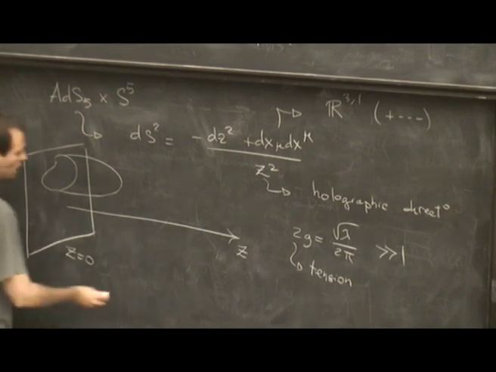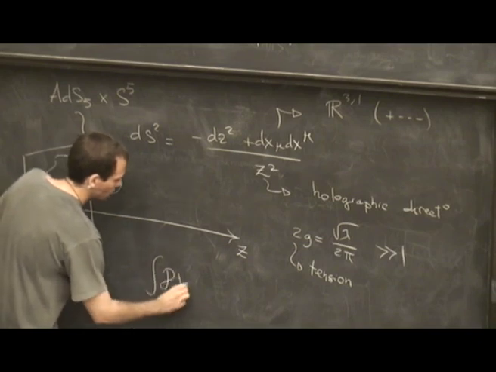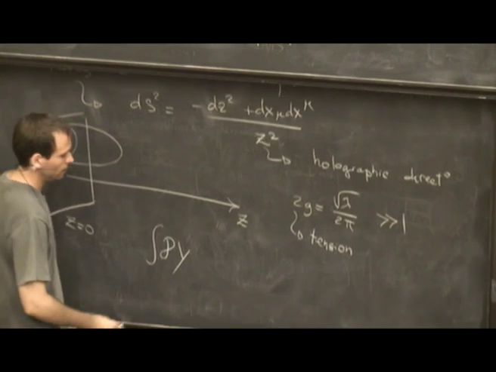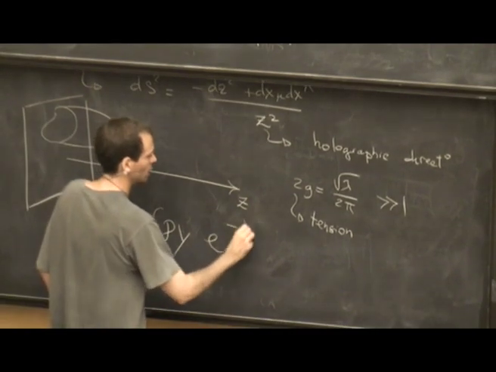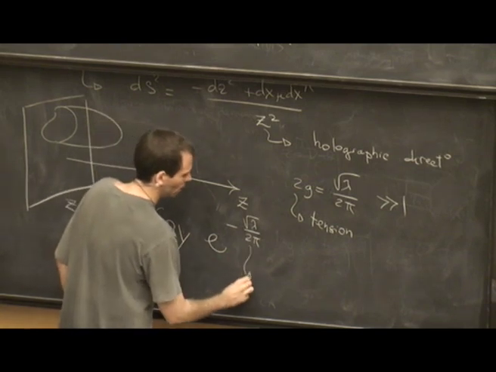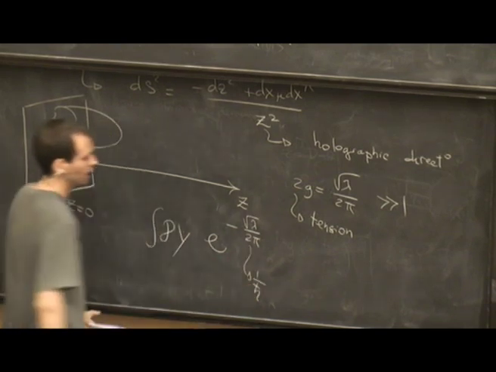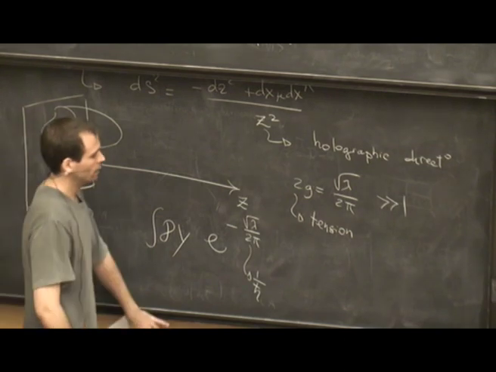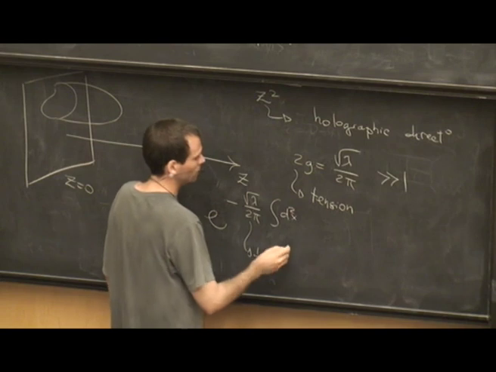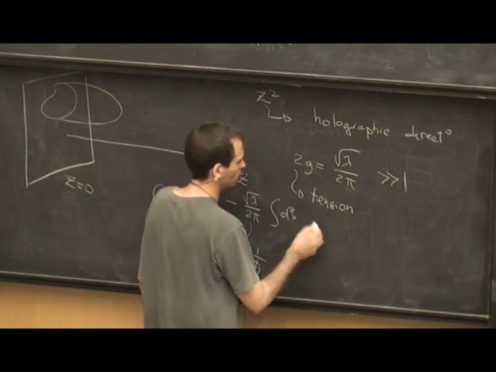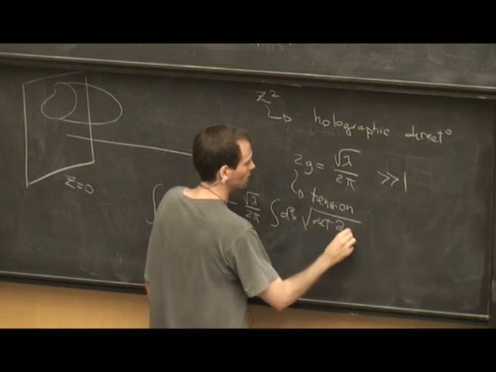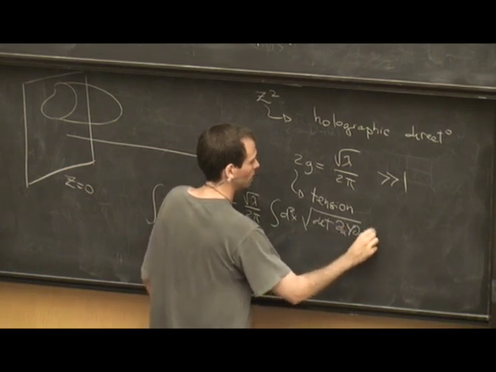So here, what you are instructed to do to compute this Wilson loop from the string theory is just to compute the path integral over the fluctuations of the fields Y, these are embedding coordinates, times the exponential of minus square root of lambda over 2 pi, which plays the role of inverse h bar, if you want, for the one-sheet theory, times the Nambu-Goto action, which is just the square root of the determinant of the induced metric.